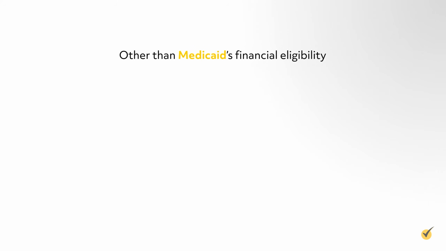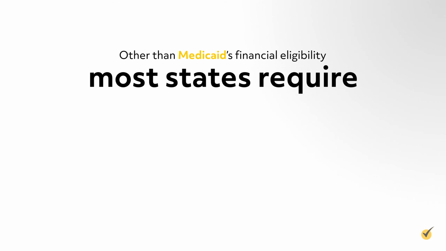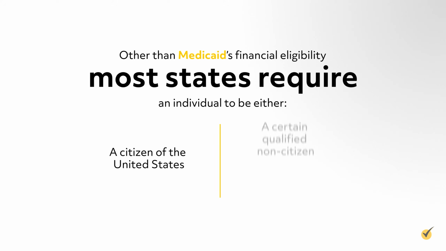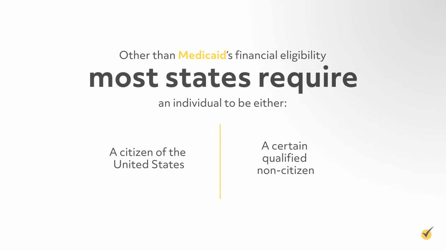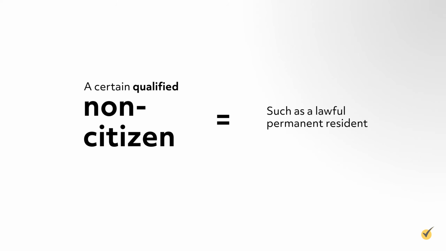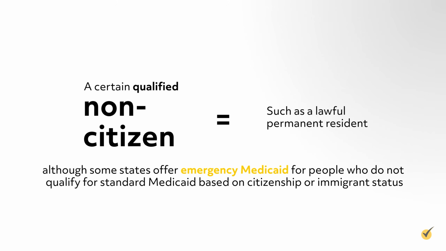Other than Medicaid's financial eligibility, most states require an individual to be either a citizen of the United States or a certain qualified non-citizen, such as a lawful permanent resident, although some states offer emergency Medicaid for people who do not qualify for standard Medicaid based on citizenship or immigrant status.